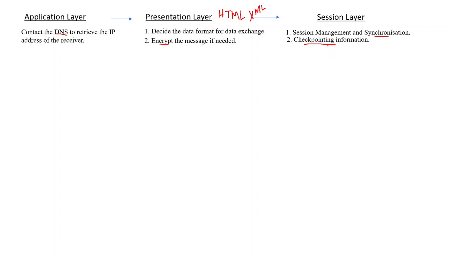If this checkpointing information is maintained, when the two computers get connected again, they can go through that checkpointing information and start the conversation from that part. Otherwise they have to start over again.